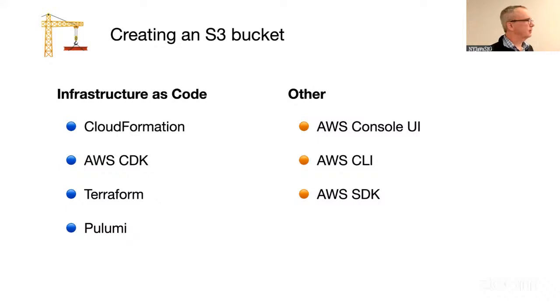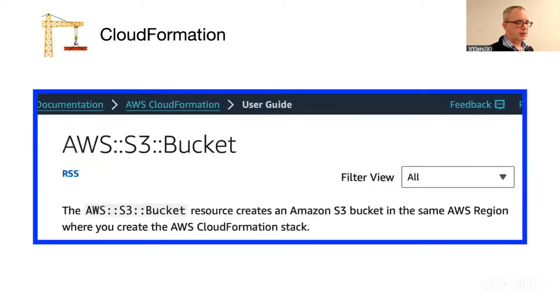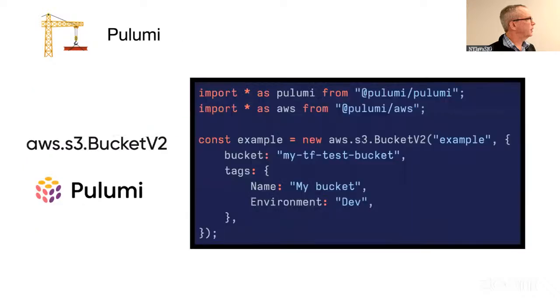Infrastructure as code is the more preferred approach, whether you're using CloudFormation or something else. If you look at the CloudFormation docs, sure enough, there's a resource named bucket. You could write a CloudFormation YAML file that defines your bucket and its attributes. And if you're not using CloudFormation, there are other more modern alternatives. Pulumi is increasingly popular.